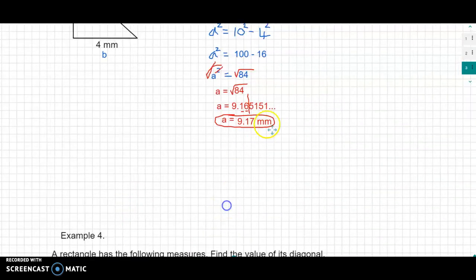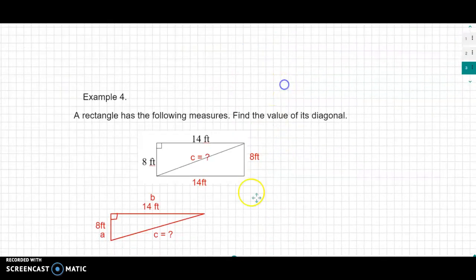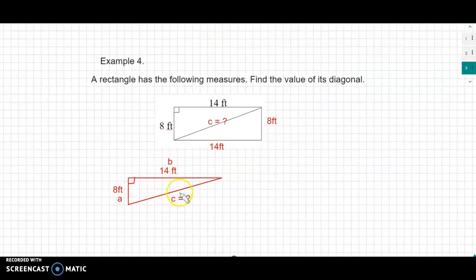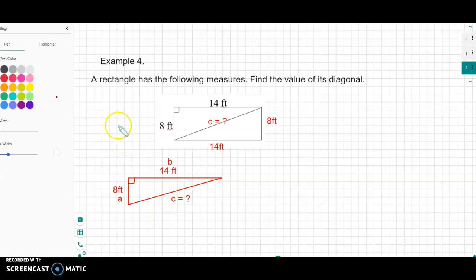Let's remember the equation that we are going to use to find the value of C, which is the general equation: A to the power of 2 plus B squared equals C squared. So here we are going to solve for C, because we already have the value of A, which is 8, and the value of B, which is 14.